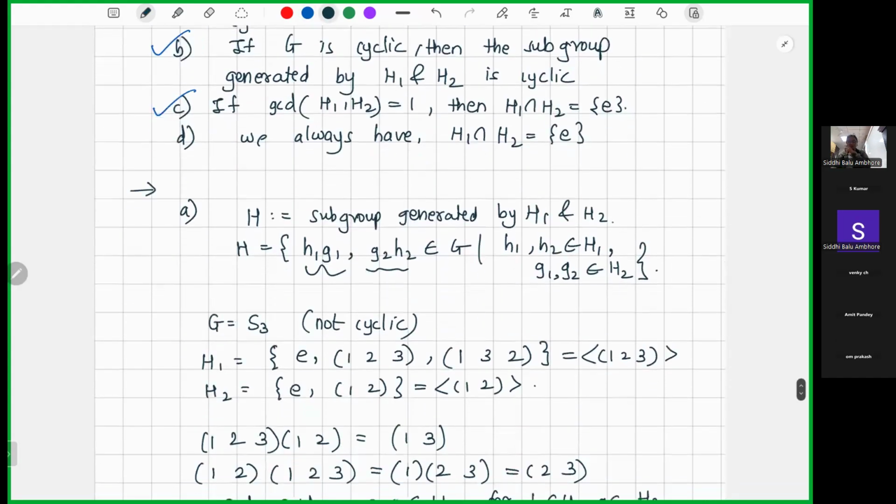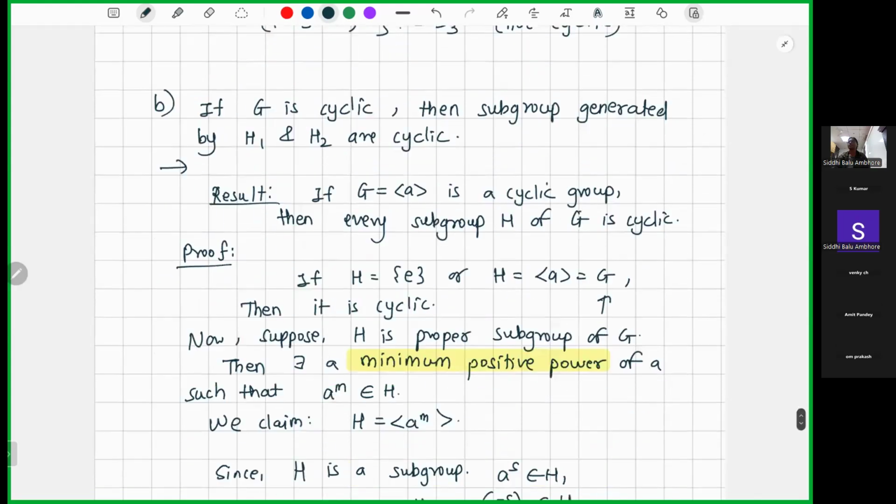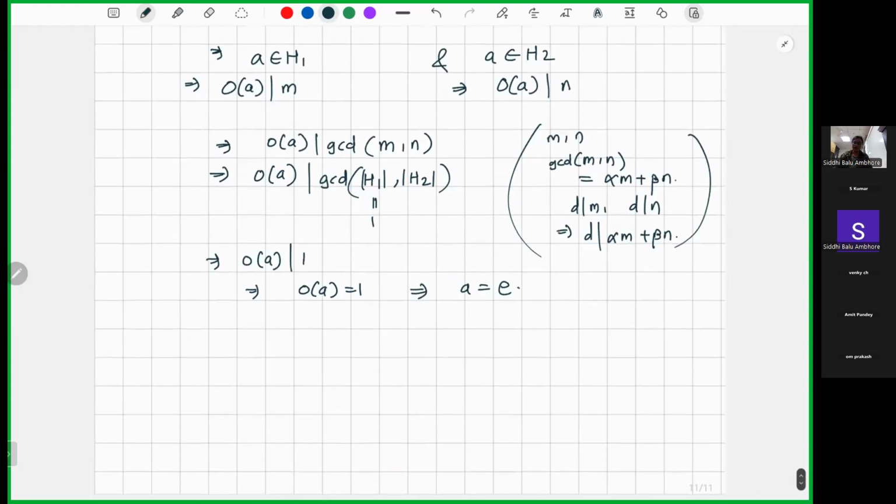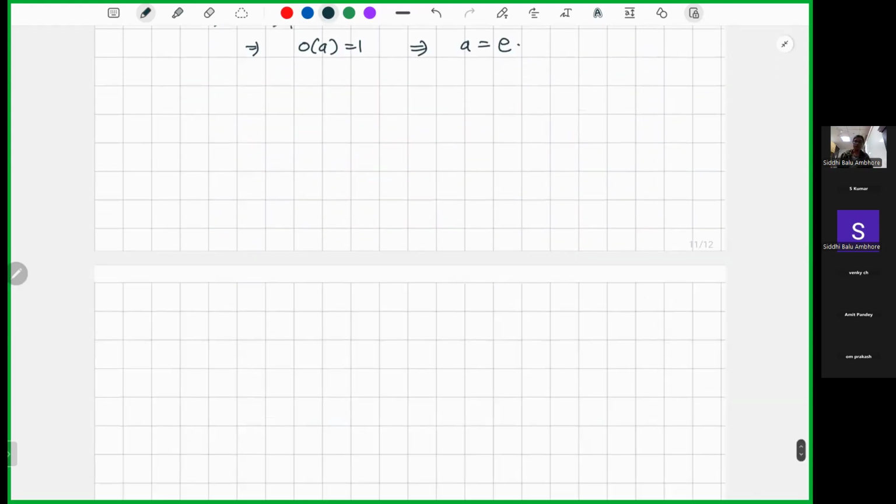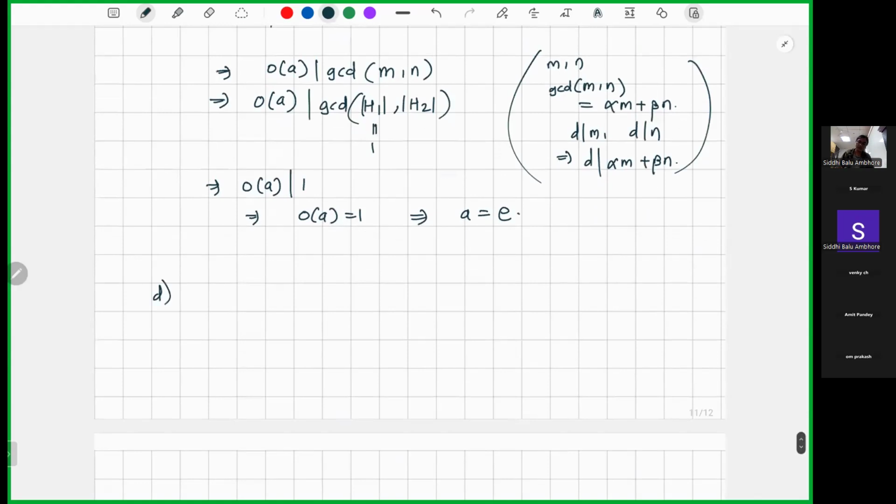Now we have to see whether the intersection of H1 and H2 is always E. Can you give me an example where that's not true, or whether this is always true? The statement is that we always have H1 intersection H2 equal to the identity.